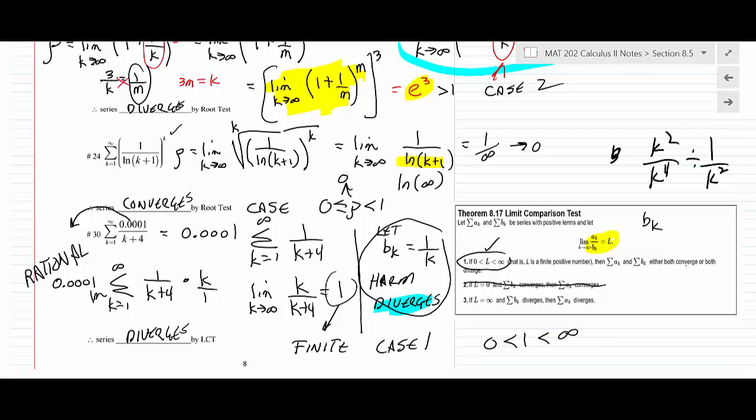You will see series a little bit more in diff-EQ. I don't think you see it much in Calc 3. You might a little bit, but I think in diff-EQ you start seeing it again. And I'll tell you something that I thought was kind of interesting. I know a professor over at CU Denver who's a chemistry teacher, and I was looking at one of the tests he gives to a senior level chemistry class for chemical engineers, and he has all these calculus formulas, and some of them are series formulas.